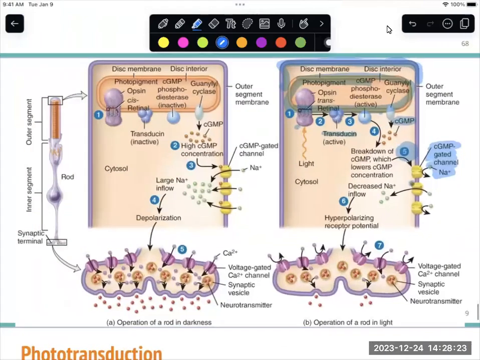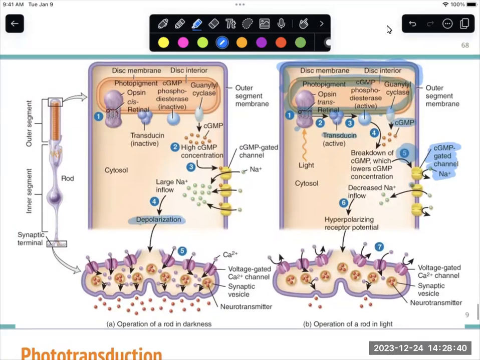And what is happening is for a rod, when darkness hits this rod, it will depolarize. When light hits this rod, it's going to hyperpolarize.